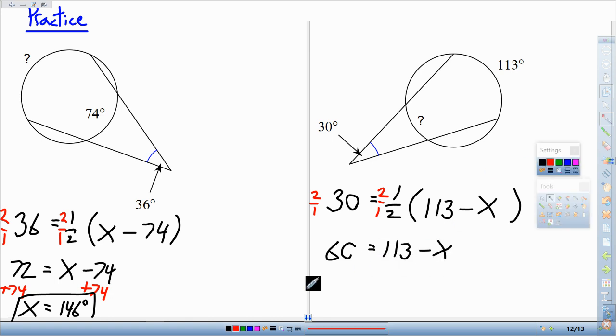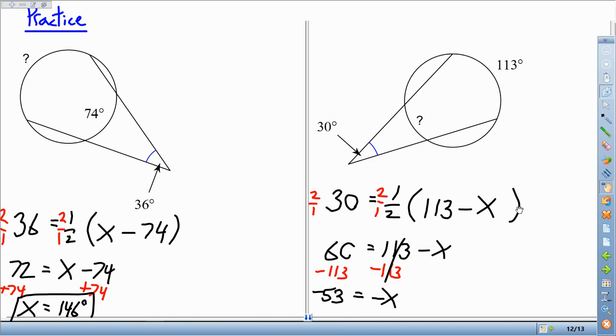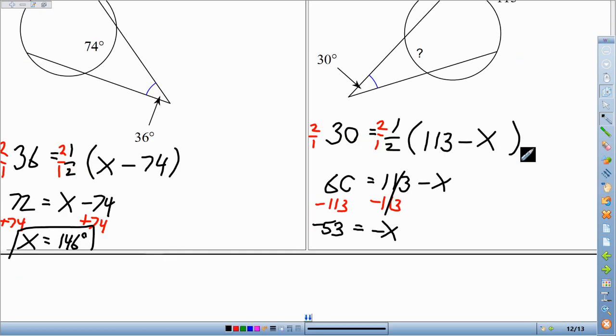Be careful with the math. First thing is getting rid of the 113. So 60 minus 113, I got negative 53 equals negative x. And again, this is where I can change my right side signs to positives as long as I change the left side signs. So I'm going to flip it around, x equals positive 53.